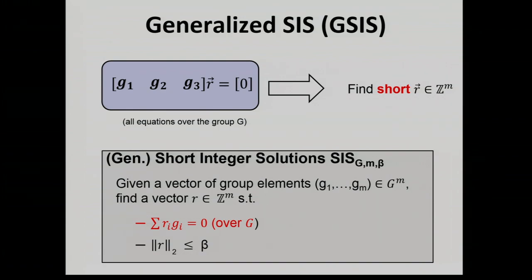I give you many group elements, and I want you to find a short linear combination that sums to 0 over the group. So really, q and n don't matter separately. All that matters is the group, the size of the group, q to the n. So it's one way to think about it. I don't know how to whittle down any of the other terms, so I'm going to stop here.